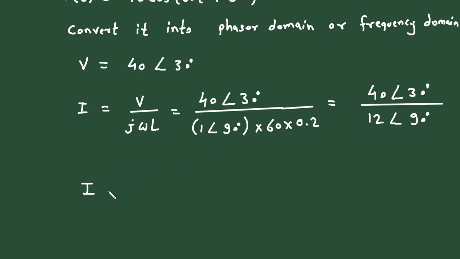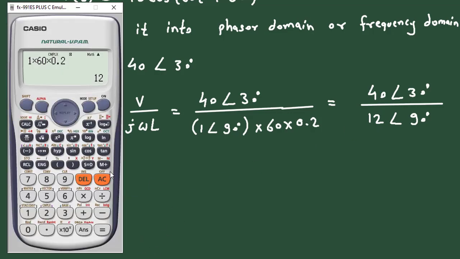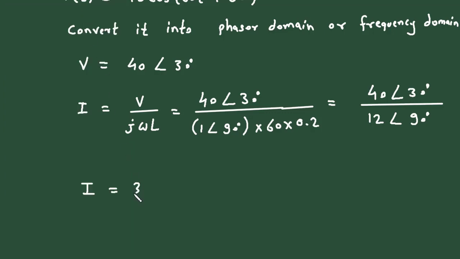Now from this I is equal to 40 divided by 12. So 40 divided by 12, it is 3.33 at an angle 30 degree minus 90 degree.